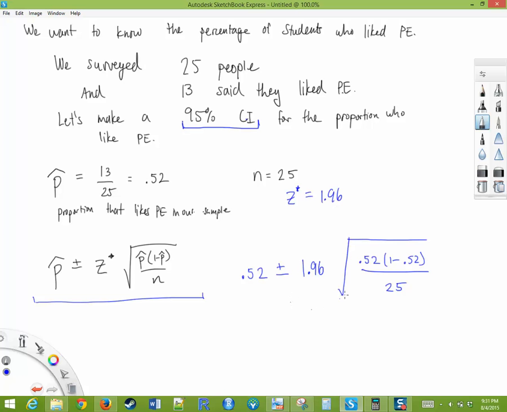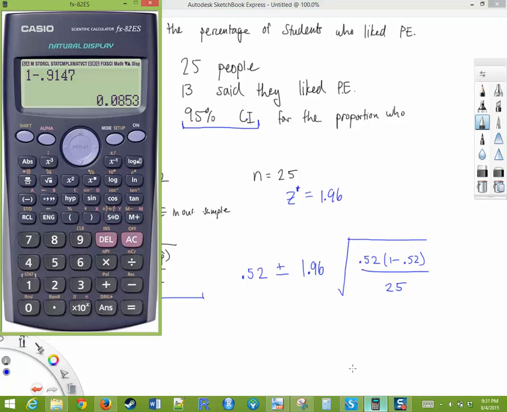Okay, and so at this point, now we just solve all of this. All right, so we do 0.52 times 1 minus 0.52 divided by 25. And I take the square root of that.